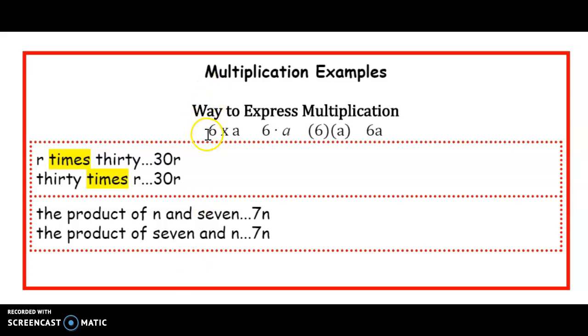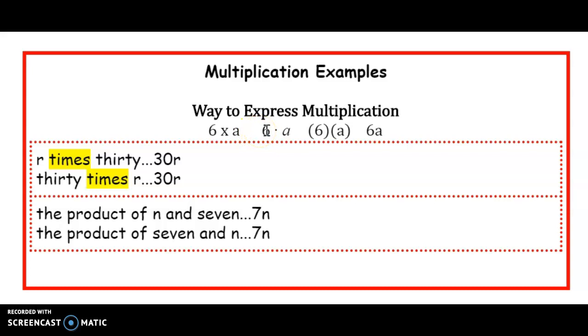So let's take a look at the first example that I have here. 6 times A. As we write algebraically, this is difficult because we don't know if that X right there is standing for a times symbol or is standing for a variable X. Does that mean 6XA and to multiply everything? Or does that mean 6 times A?